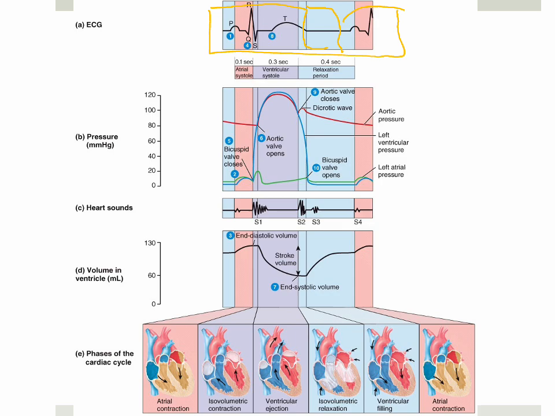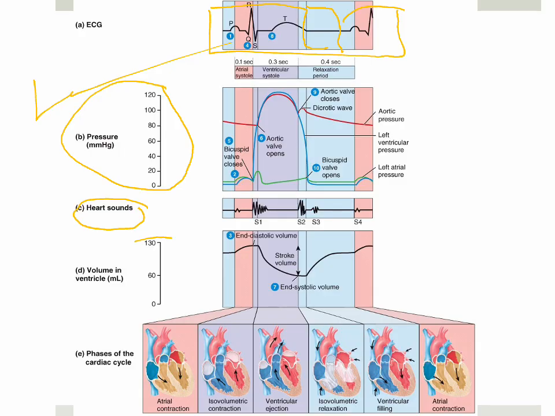Here, what you are seeing is pressure. It's being created by blood going to each chamber, being pushed against valves, and then being ejected from there, okay? These are the heart sounds we have talked about, when the valves close, the lub and the dub, okay?